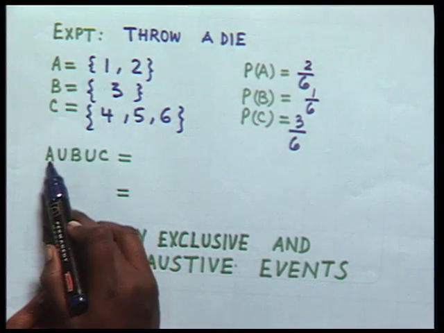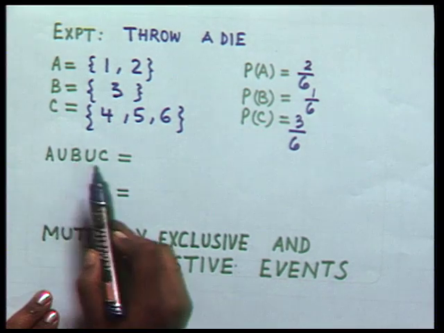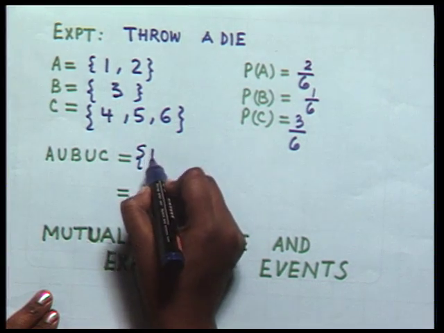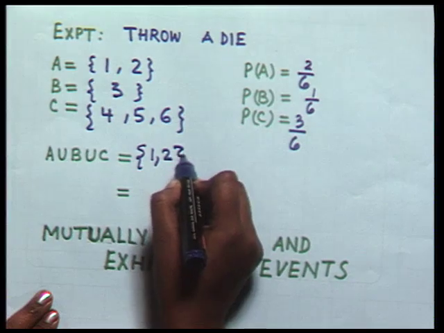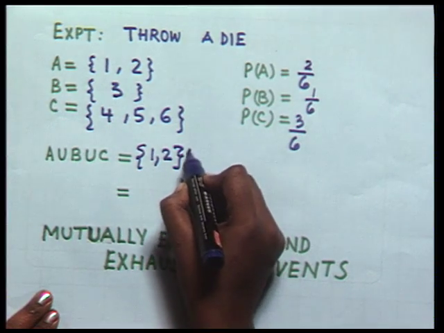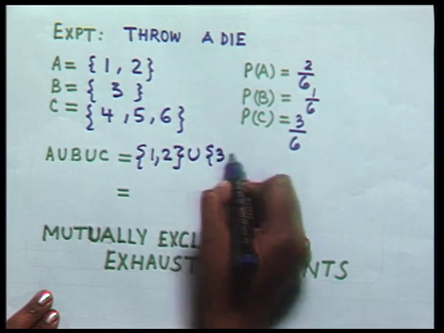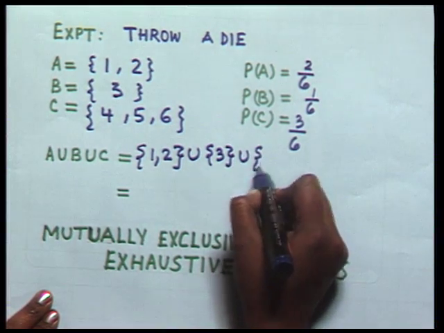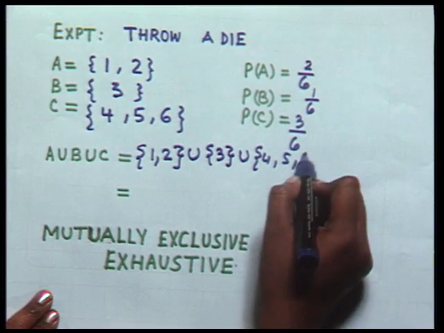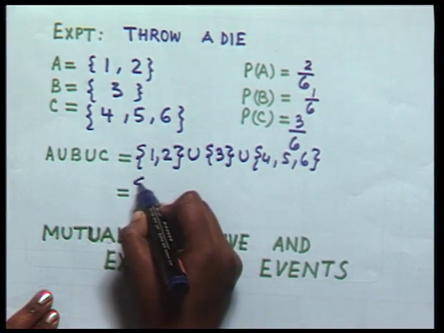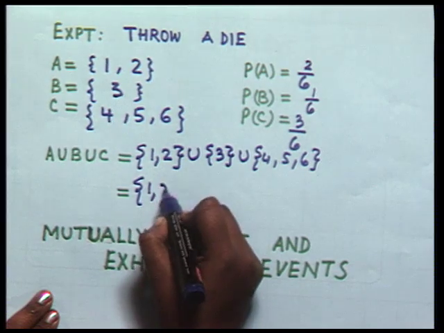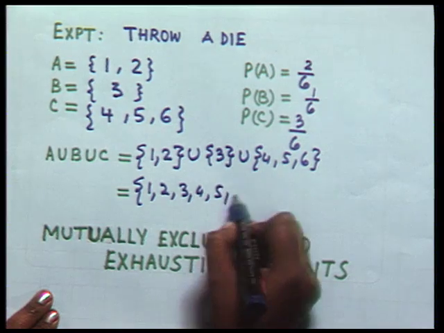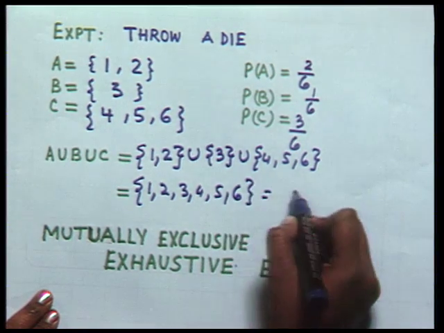Also, event A union event B union event C is nothing but equal to the set containing the elements 1, 2 union the set containing the element 3 union the set containing the elements 4, 5 and 6, which is nothing but the set which has all the 6 elements 1, 2, 3, 4, 5 and 6, that is the sample space.